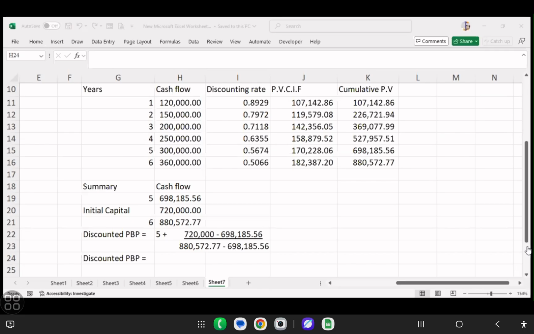There is none that is better than the other. It is only a decision between IRR and MIRR. They are both good. It only depends on the assumption that you make.